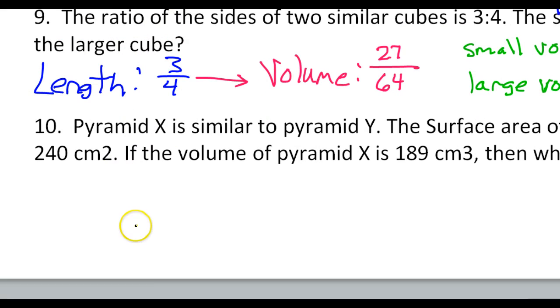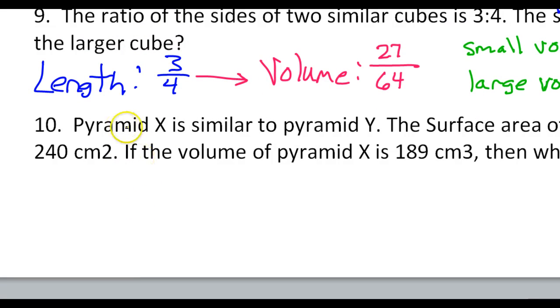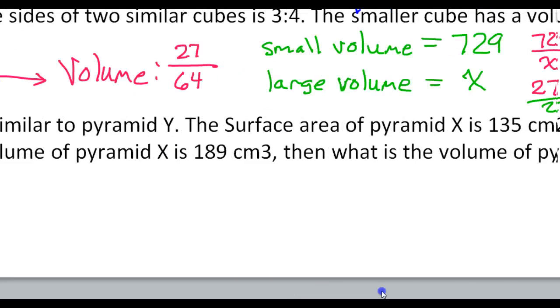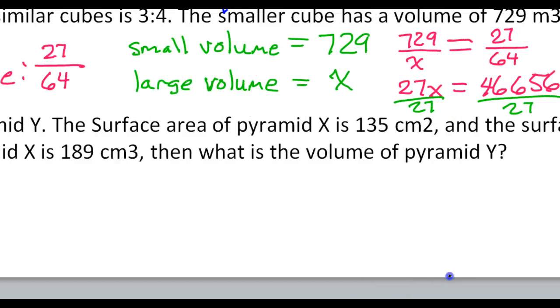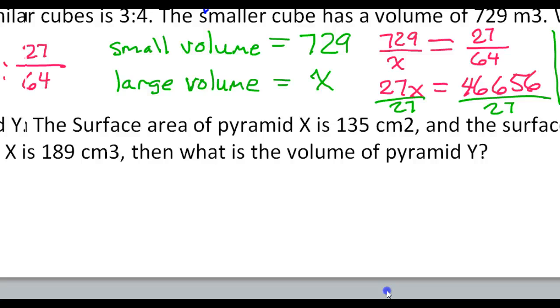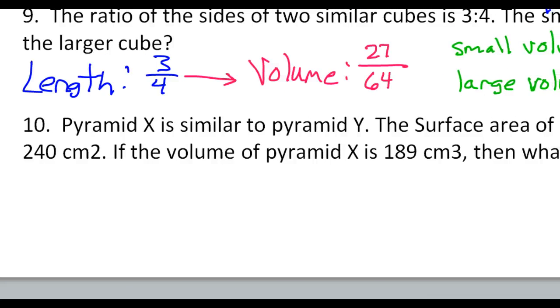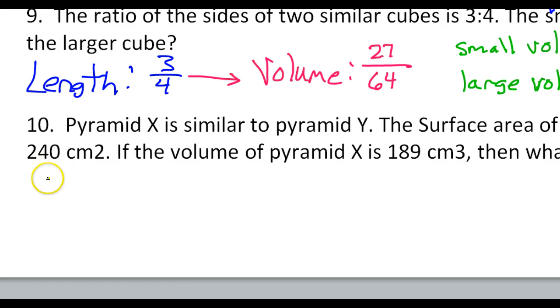Okay, last problem, number 10. Pyramid X is similar to pyramid Y. The surface area of pyramid X is given, and the surface area of pyramid Y is given. So they are giving us area, which means area scale factors.